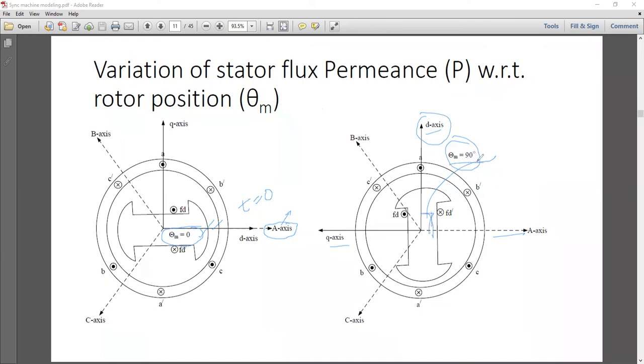Now, let's come to the permeance. What is permeance? How is it related to reluctance?